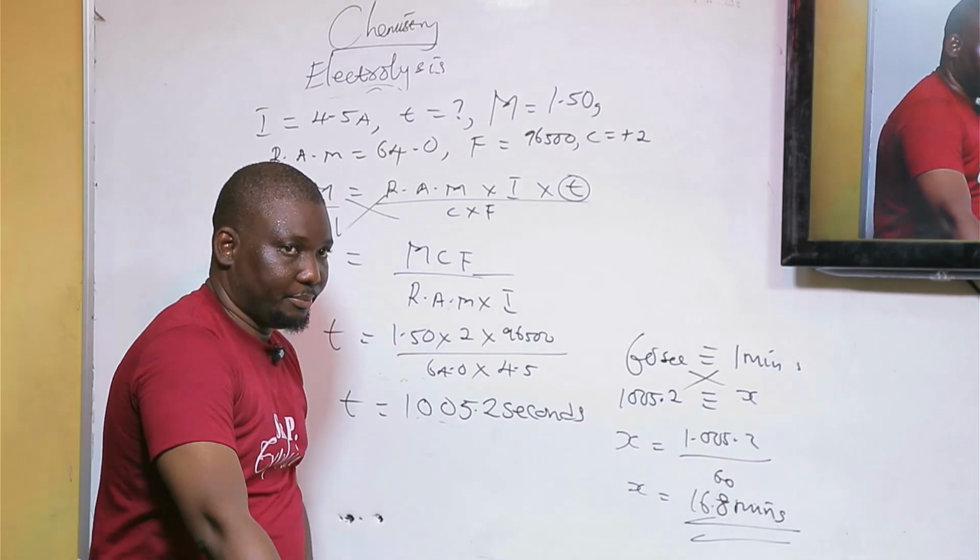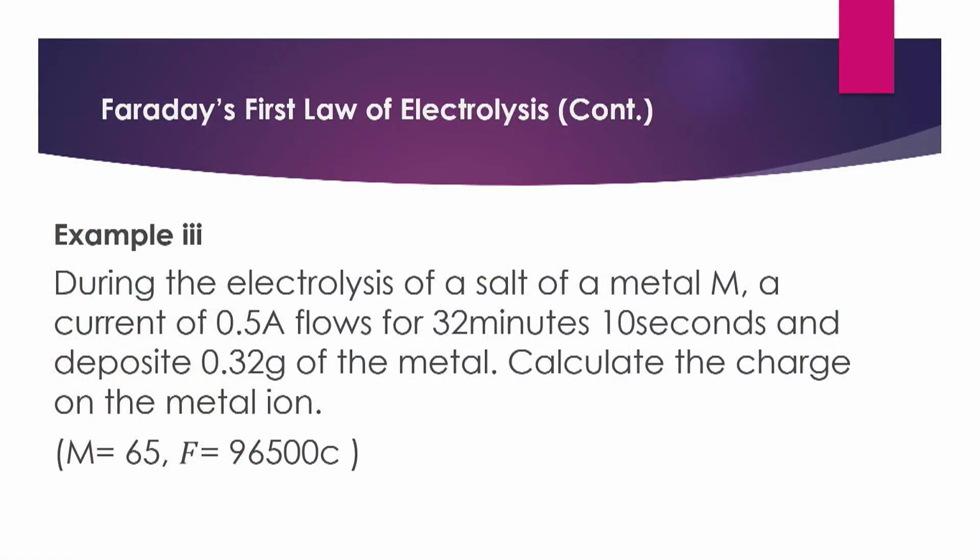Okay, I have another question, example 3. During the electrolysis of a salt of a metal M, a current of 0.5 ampere flows for 32 minutes 10 seconds and deposits 0.32 gram of the metal.